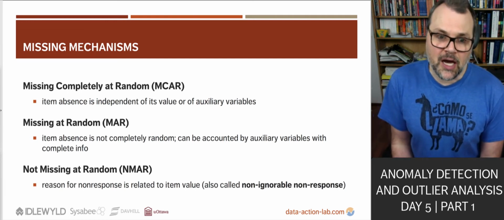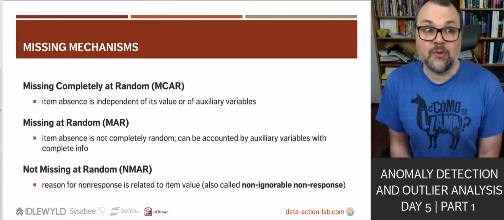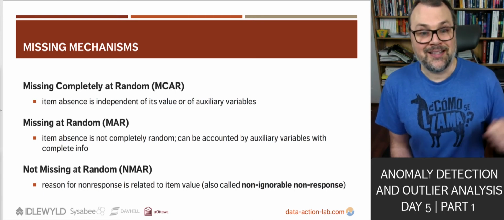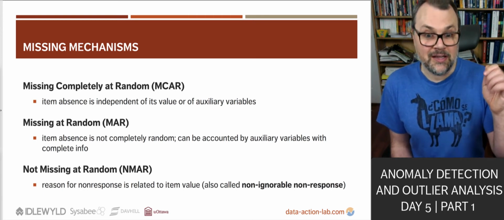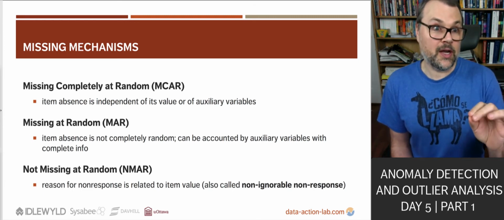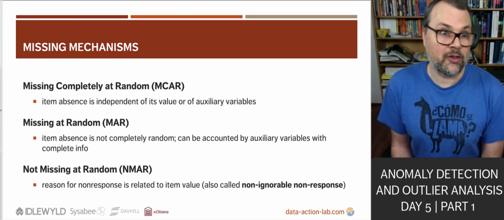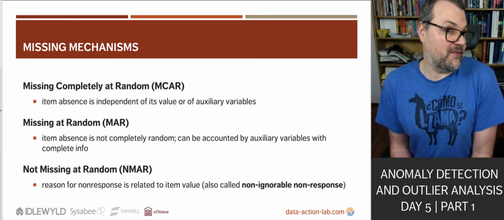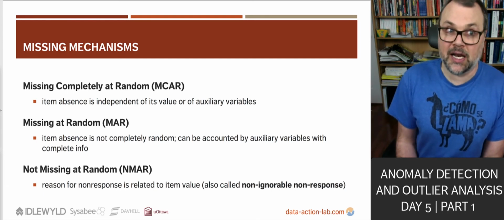And finally, not missing at random: the reason you do not have a response here is directly related to the value of the item which is in there. If somebody asks me whether I've ever committed a felony, well, if I answer no, it could be that I've never committed a felony, or it could be that I'm lying.